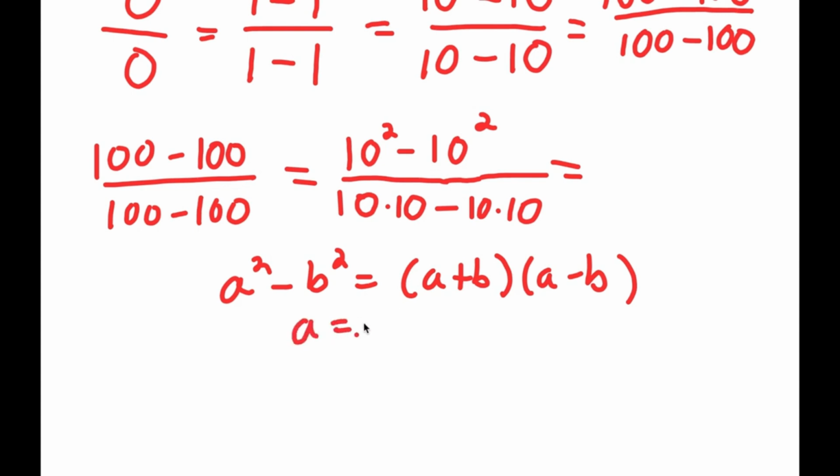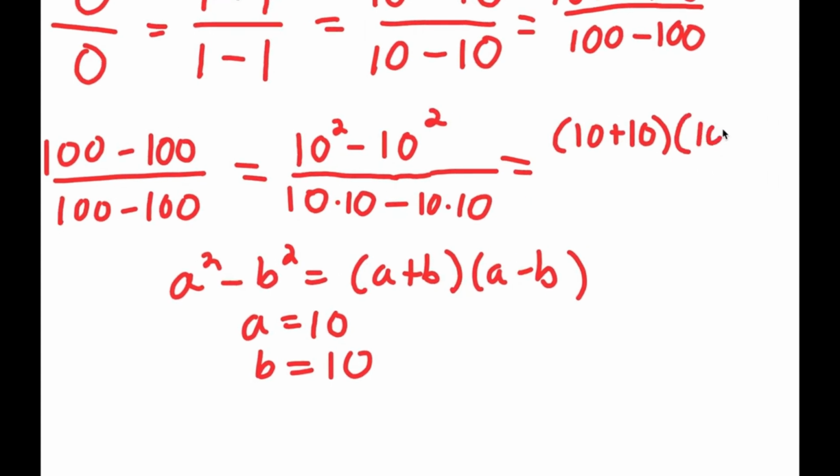So a is 10, and so is b. b is 10 as well. So I get 10 plus 10 times 10 minus 10, and I have this over 10 times 10 minus 10 times 10.